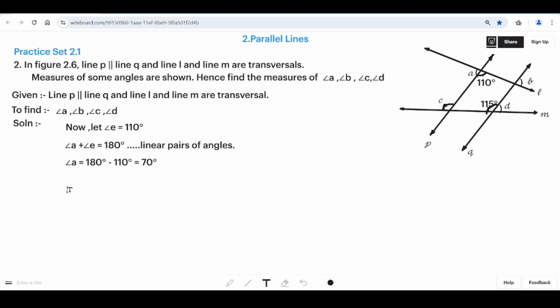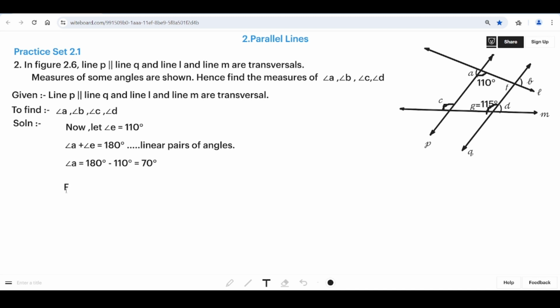Now we will go for the second angle, that is angle B. In the figure I have given the names F and G for our better convenience. Now we have to find angle B. So how will we find it? Now see, angle F and angle E form a pair of interior angles.